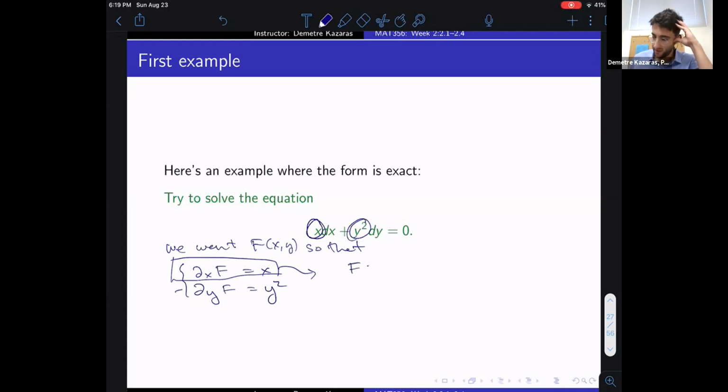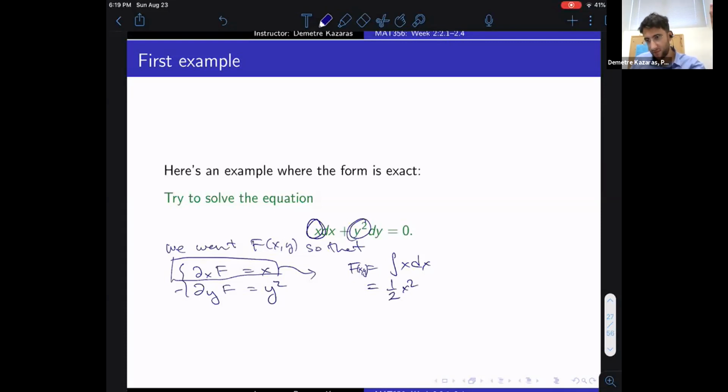F itself from this equation will be equal to the integral, the antiderivative of the right-hand side with respect to x. Integration undoes differentiation, but we have to be a little bit careful because these are partial derivatives and integrals with respect to a specific variable. Integrating x with respect to x is just one half x squared.